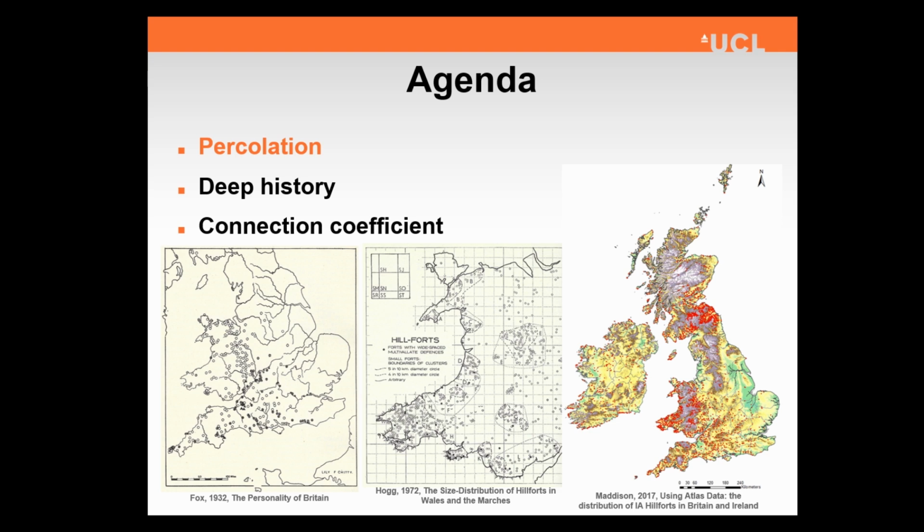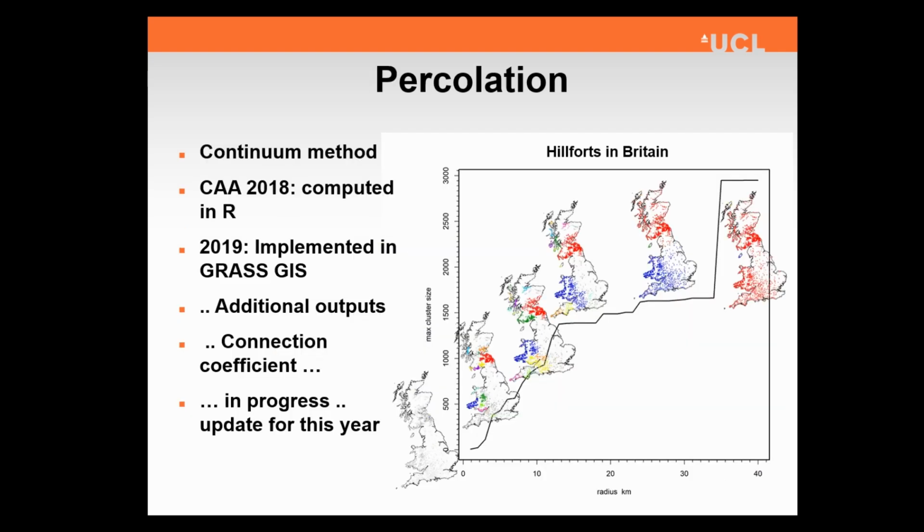More recently, Hogg in the 1970s was looking at hill forts in Wales and arranging those on the basis of size and so forth. But seeking out patterns, seeking out groups and clusters. And what I've been doing over the past few years is looking at hill forts in Britain as well.